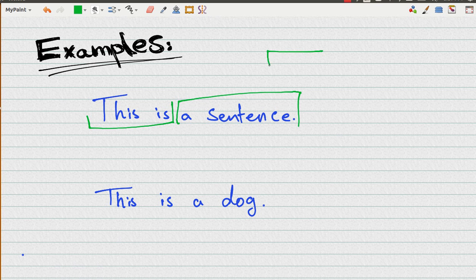You first write the thing or the object that you want to point at, and then you put in front of it the pointing article. So if I want to say this is a sentence, first I have to say a sentence. A sentence in Arabic is جملة.